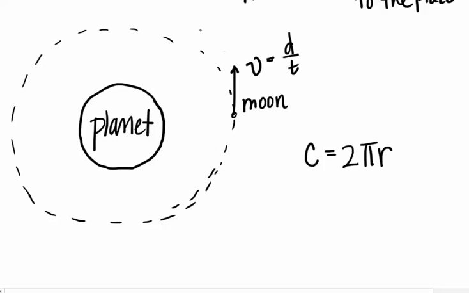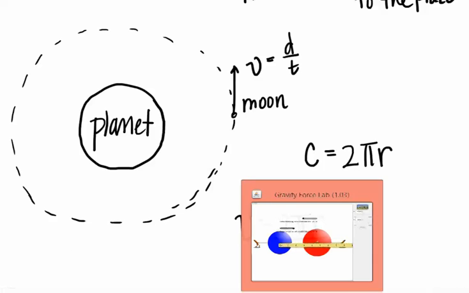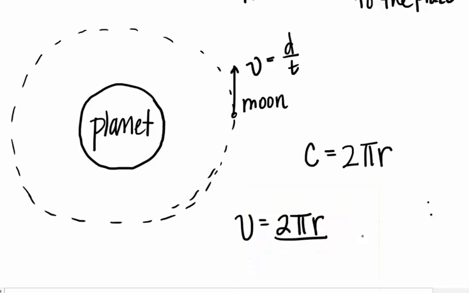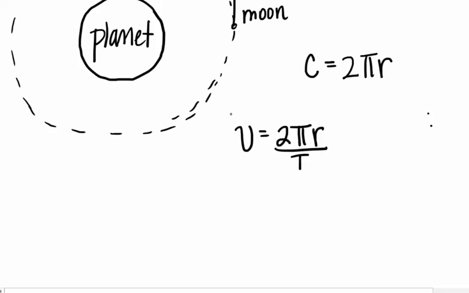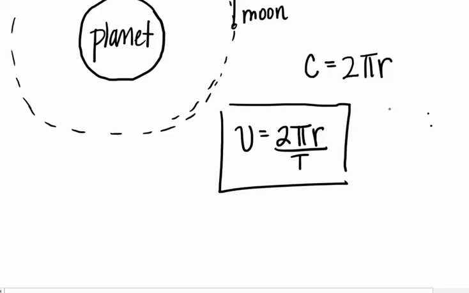So if the moon goes around, then what's my distance? The circumference, 2 pi r. And the time for it to go around one time, it has a special name. The period. Okay. And do you remember this equation? It's essential for your success. So important, right?